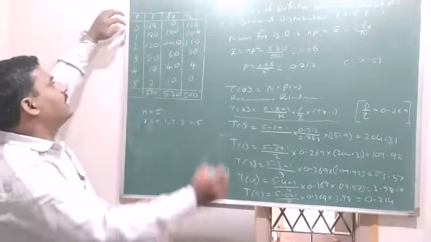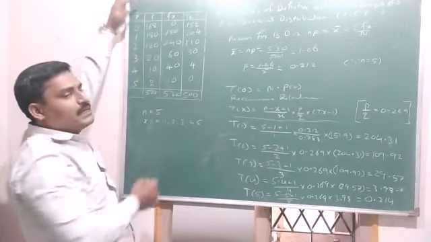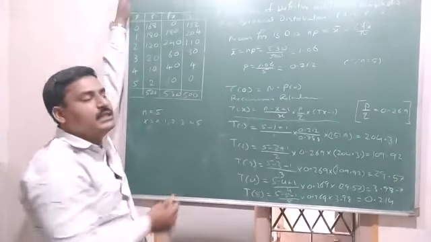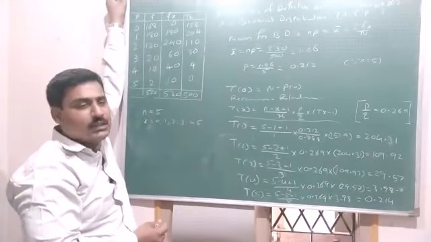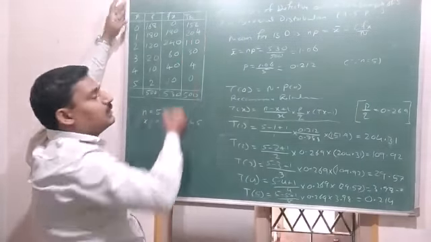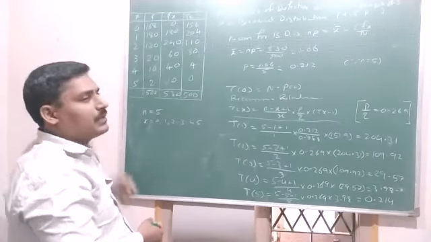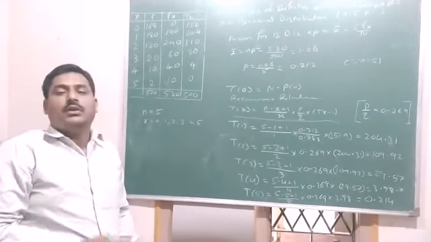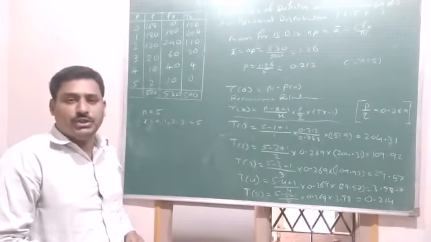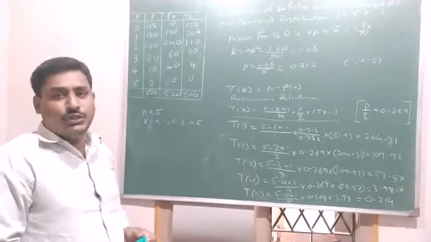So you can observe here the observed frequencies. For 0 defective, 168 samples have 0 defective, whereas in the theoretical frequency 152 samples have 0 defectives. And 204 samples have 1 defective, whereas observed tells 180 samples have 1 defective article. So this is how we fit a binomial distribution for a given observed frequency distribution.